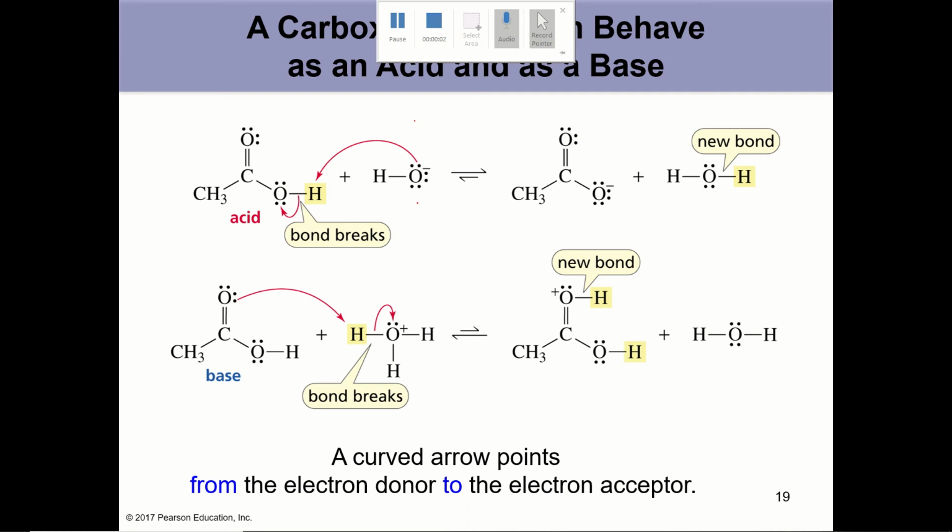So we talked about alcohols behaving as an acid and a base. And this slide is relating that a carboxylic acid can also behave as an acid or a base.